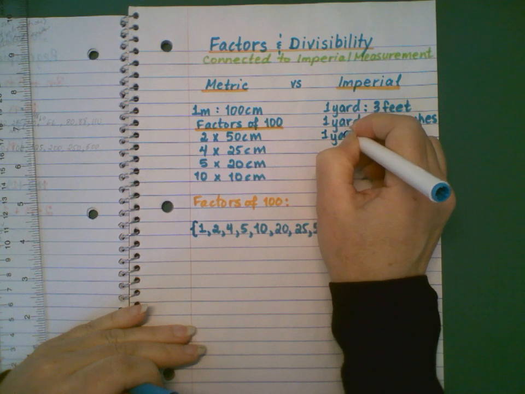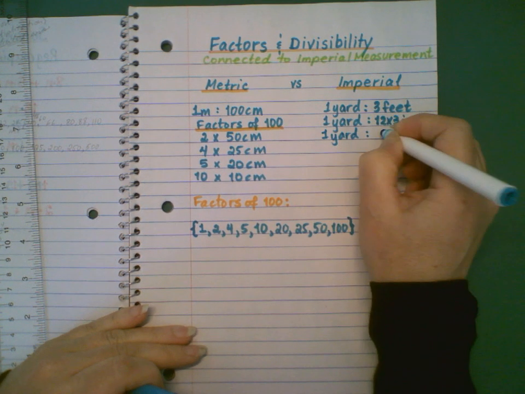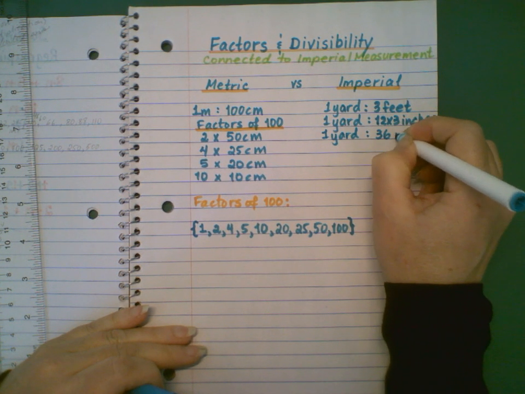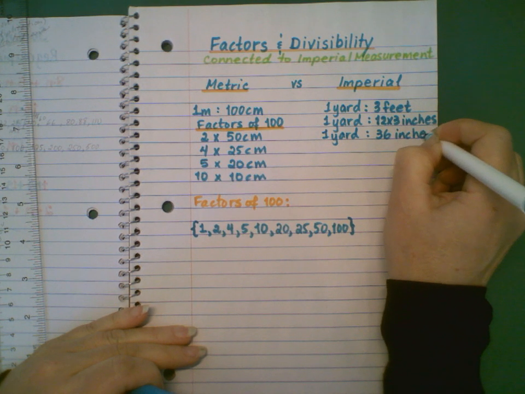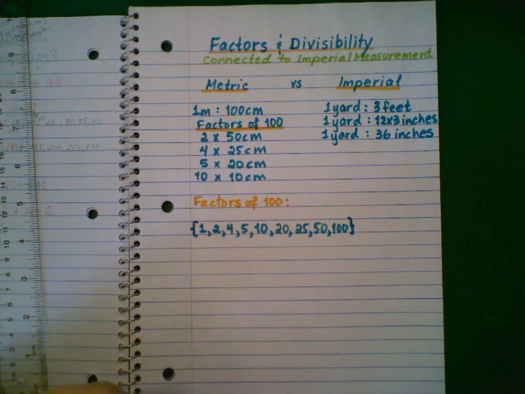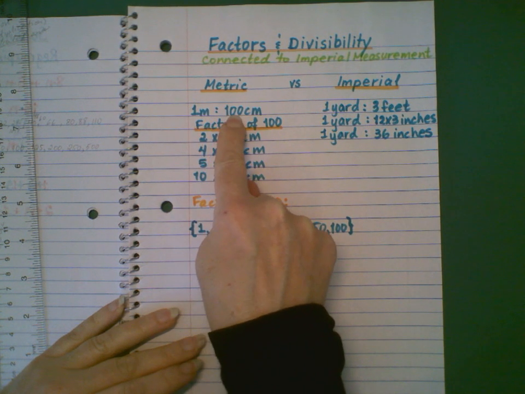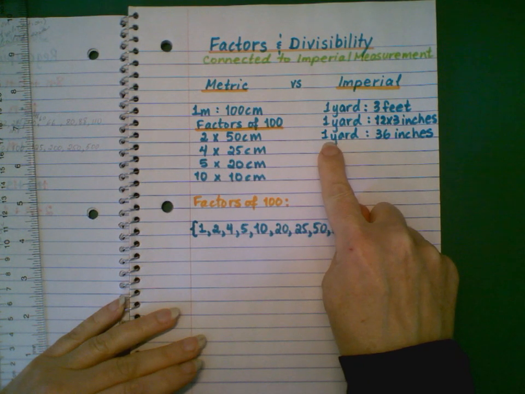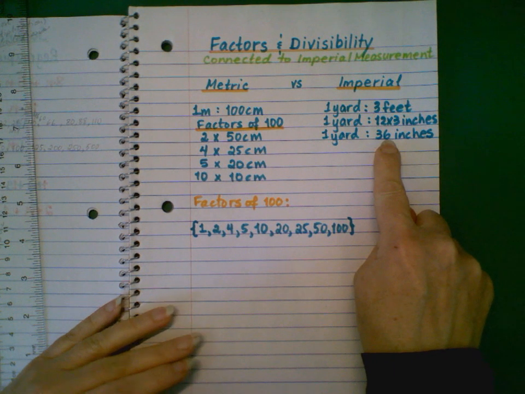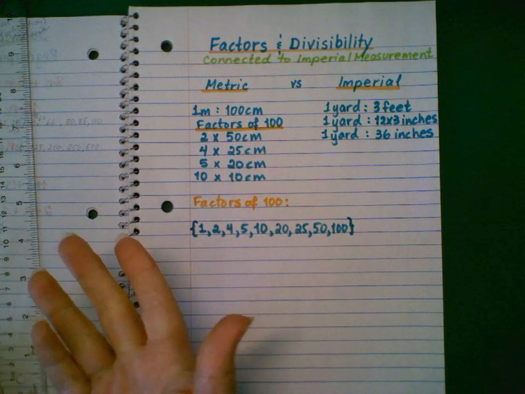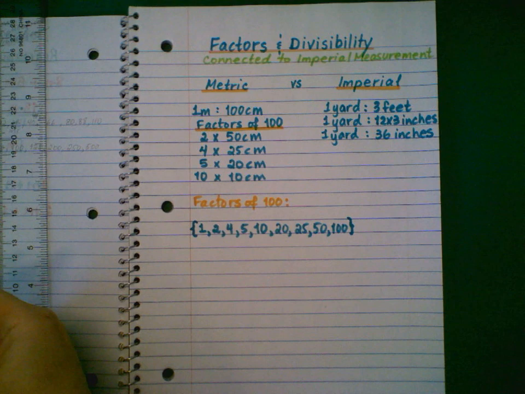So 1 yard contains 36 inches. So instead of having a ratio of 1 to 100, I am starting from a 1 to 36, because an inch is much bigger than a centimeter.